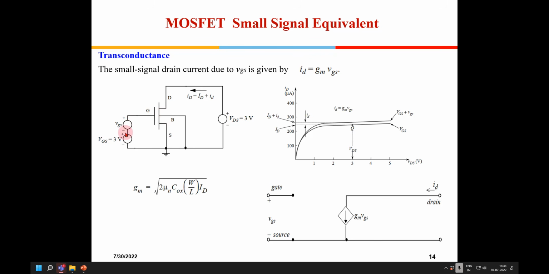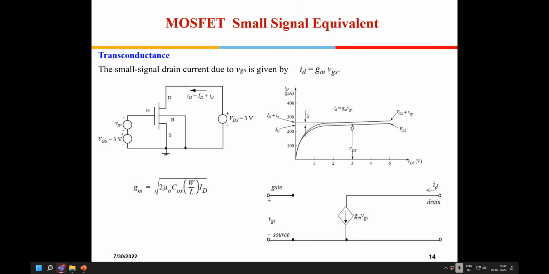So I have to give some DC voltage. Suppose I give here 1 volt, although it is written 3 volt here, and then I give a 1 millivolt small signal. So this will continuously be on at 1 volt, and then this small change will get reflected as a change in ID.